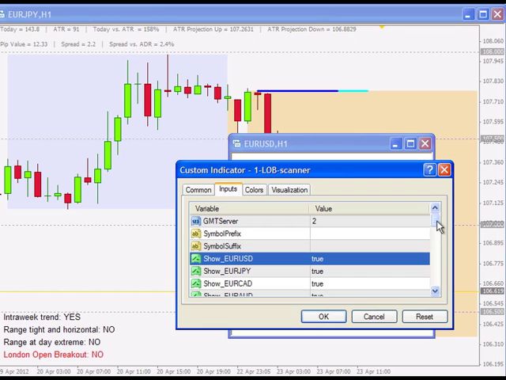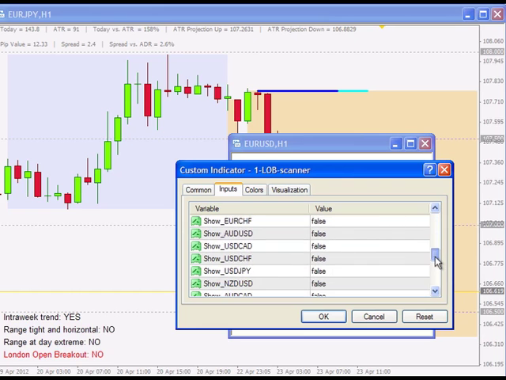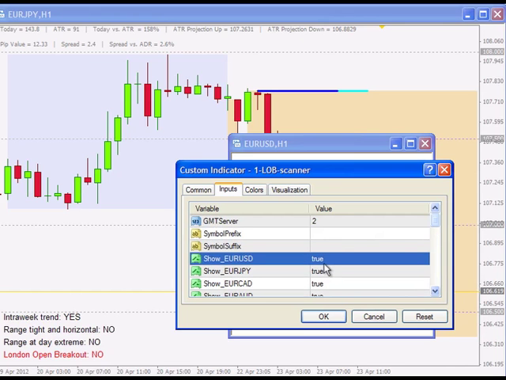Down here you can toggle true or false for all the different currency pairs. My advice is to set to true only those currency pairs that are suitable for the London Open breakout strategy.